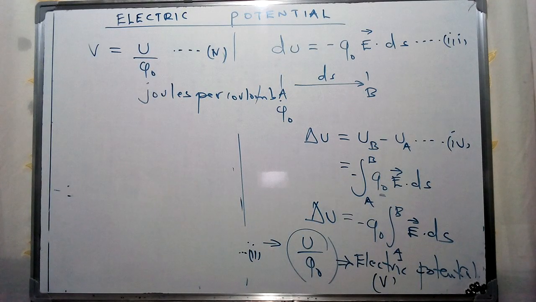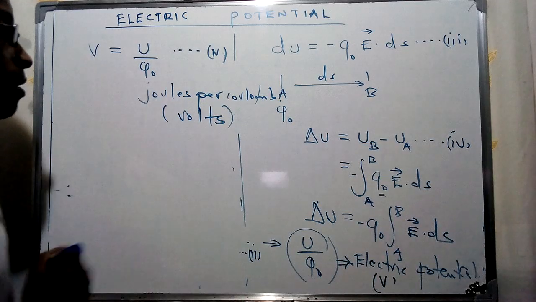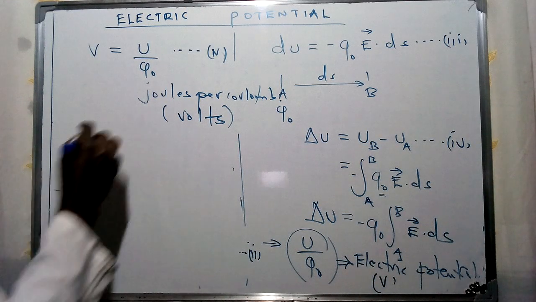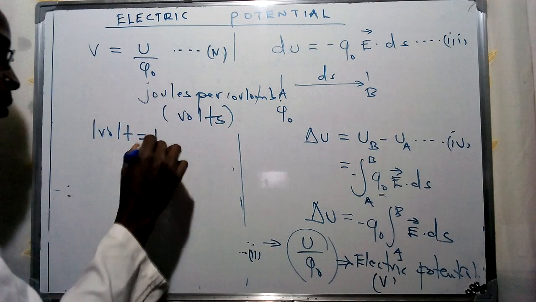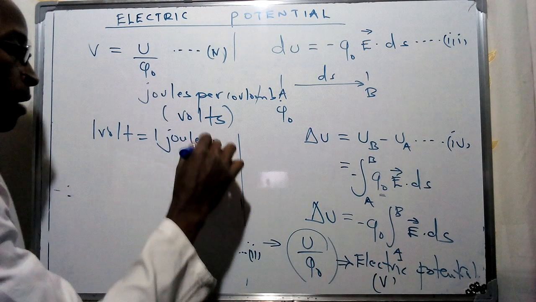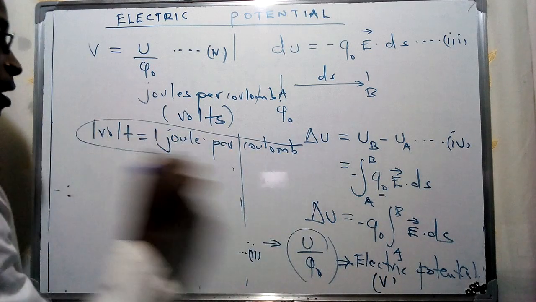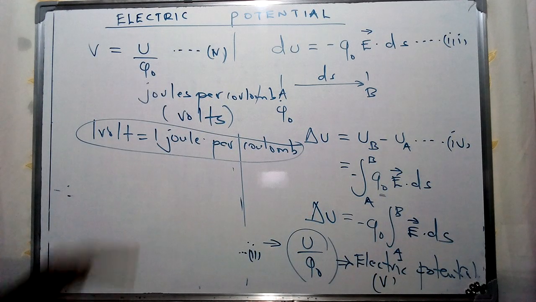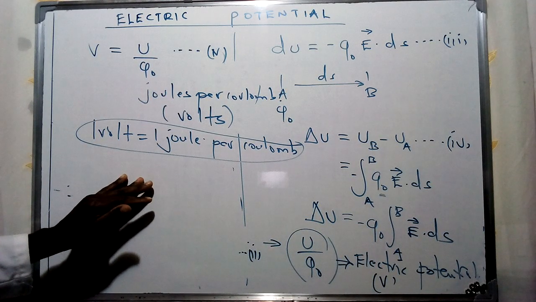We are going to come across these units as we go by, and sometimes this is given in terms of volts. In this case, 1 volt is equivalent to 1 joule per Coulomb. This is a conversion which we are going to come across later in case we find an evaluation which requires us to find this quantity in a particular dimension.